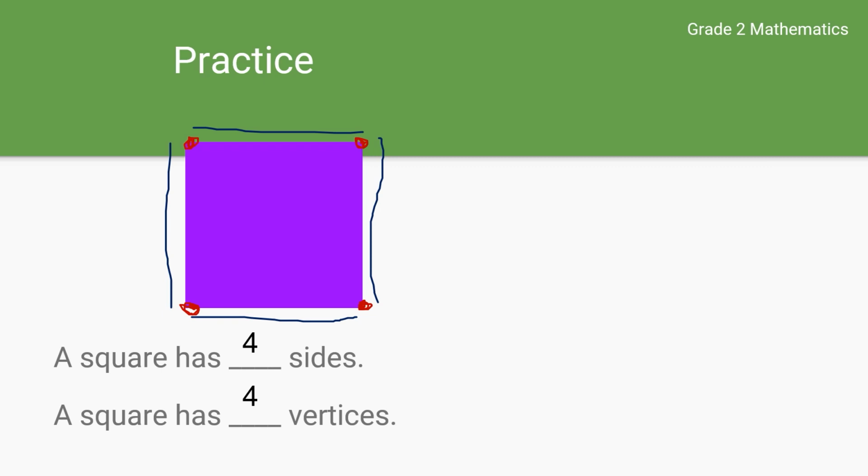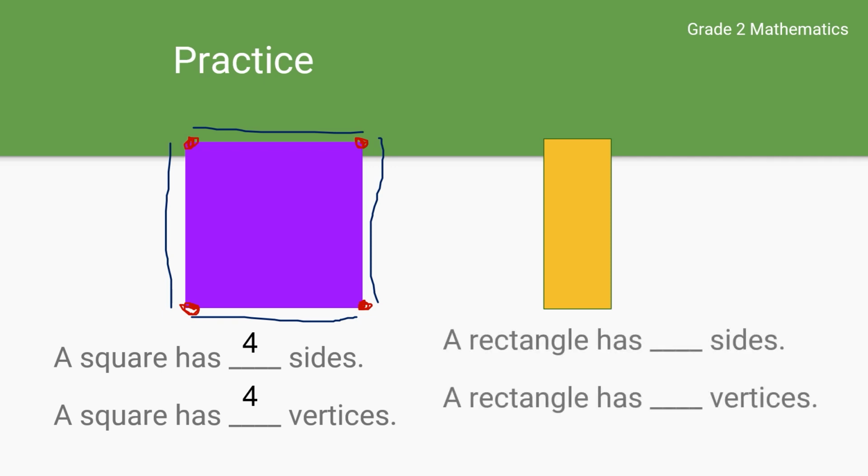Now you can practice describing a rectangle. How many sides does a rectangle have? And how many vertices does this rectangle have? Take some time to count the number of sides and vertices on this rectangle.